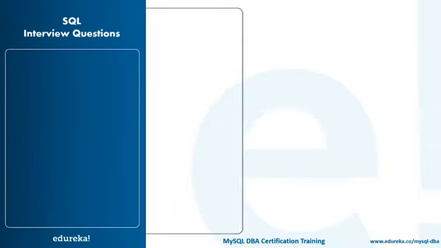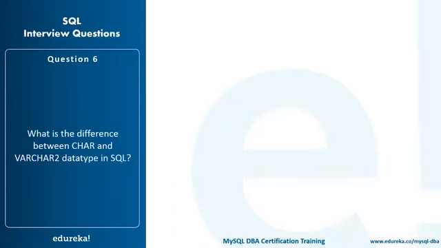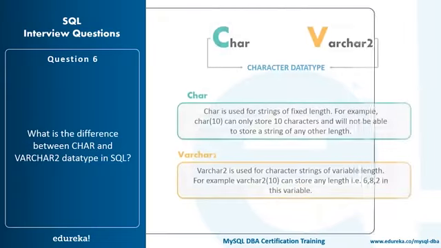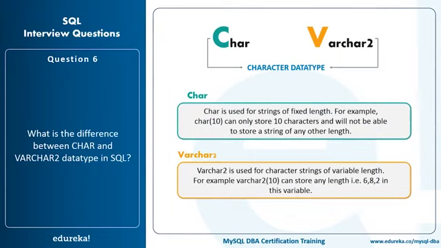Now moving on to our next question, that is, what is the difference between char and varchar2 data type in SQL? Now, this is one of the most confusing questions that is generally asked in your interviews, since people get confused between what is char and what is varchar data type. Both char and varchar2 are used for character data type, but varchar2 is used for character strings of variable length, whereas char is used for strings of fixed length.